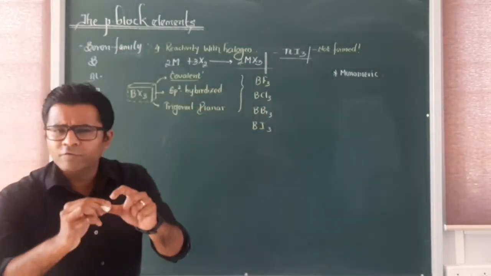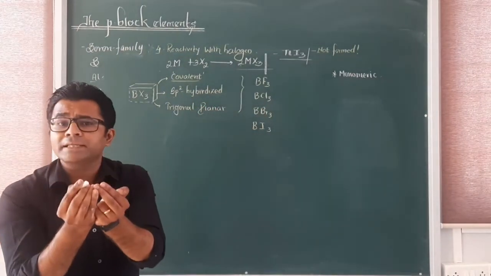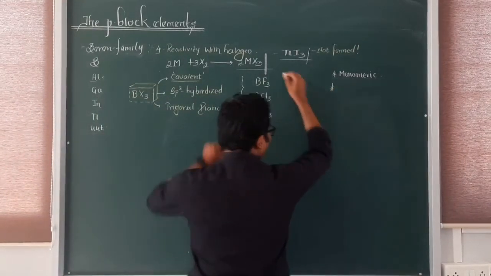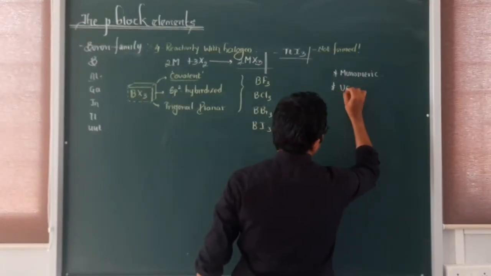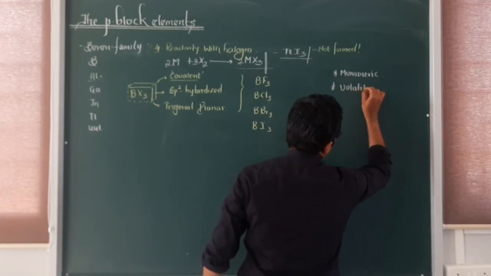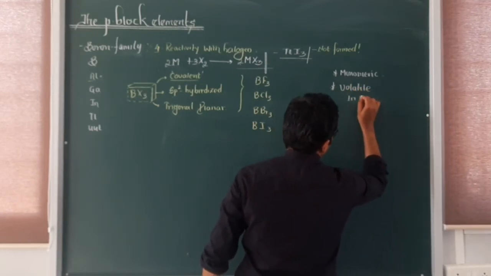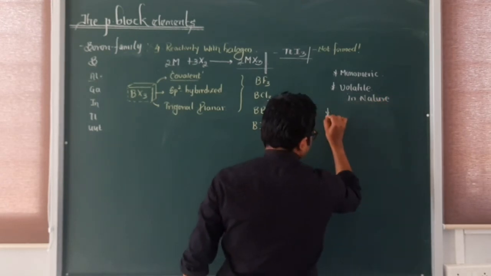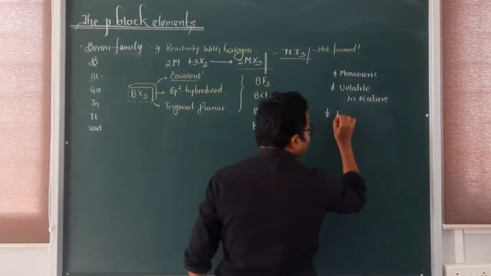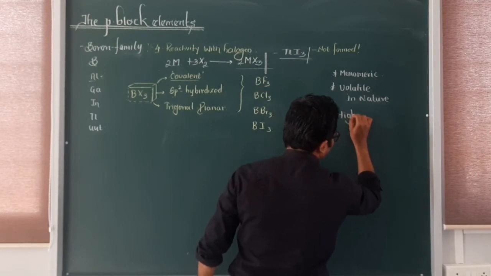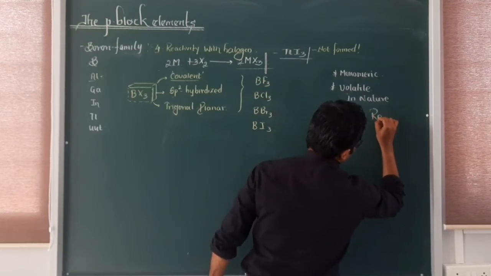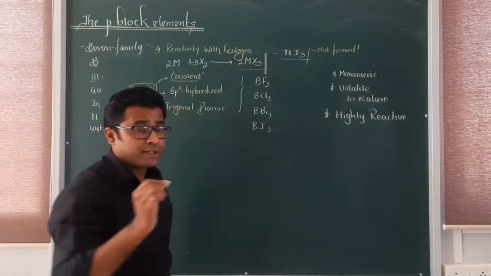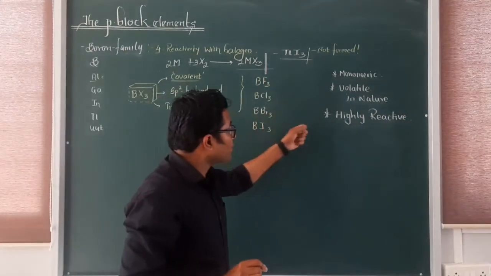That means all of these are formed of simple single structures. Secondly, all of these are volatile in nature. These compounds are also highly reactive. So these are the important things we have to remember.